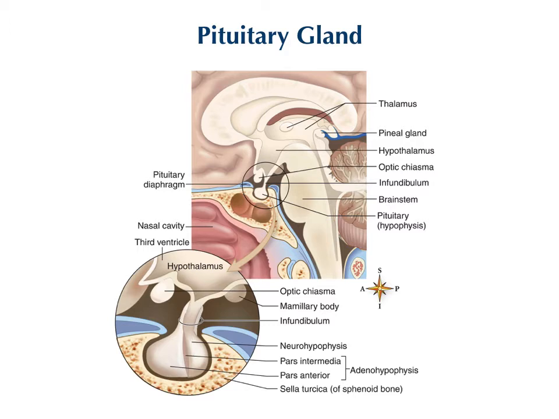So in the neurohypophysis, those two hormones travel down the nervous system tracts. And in the adenohypophysis, the stimulating or releasing hormones will travel through that hypophyseal portal blood vessel.